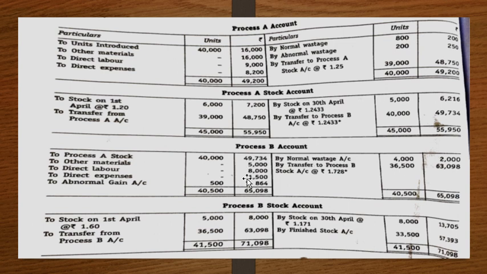So the total cost is still the expense you spend. Till 500, 49,734 plus 5,000 plus 8,000 plus 1,500 will give you 64,234. So the total cost minus normal loss cost. How much is your normal loss cost? 2,000.